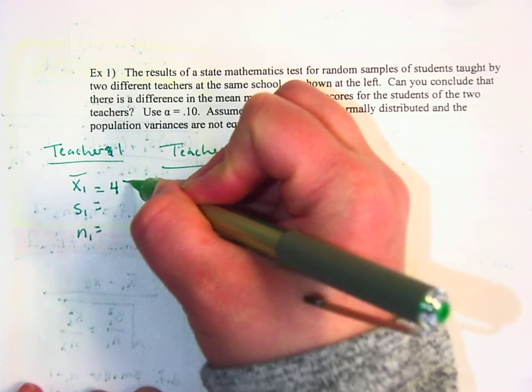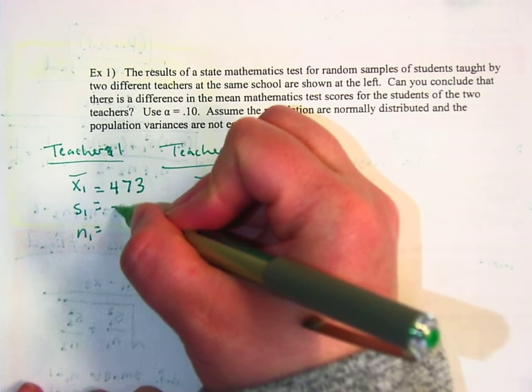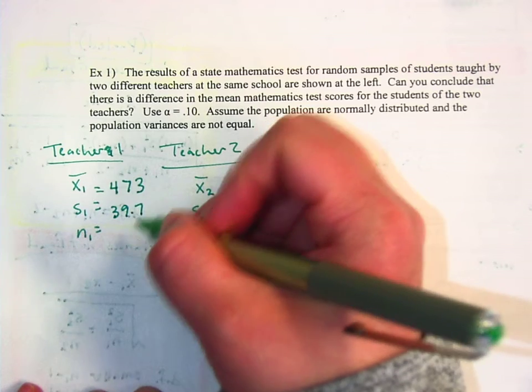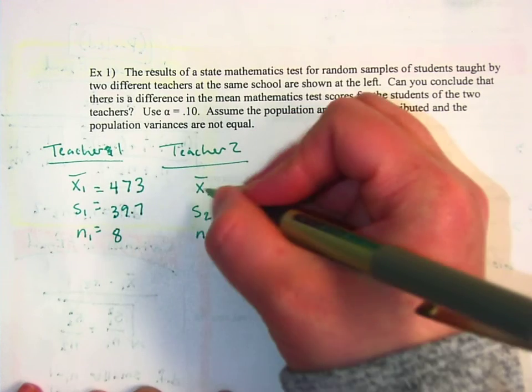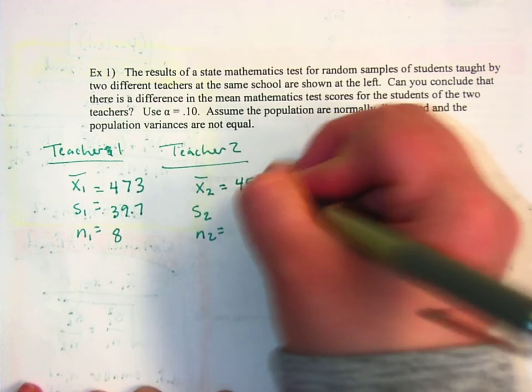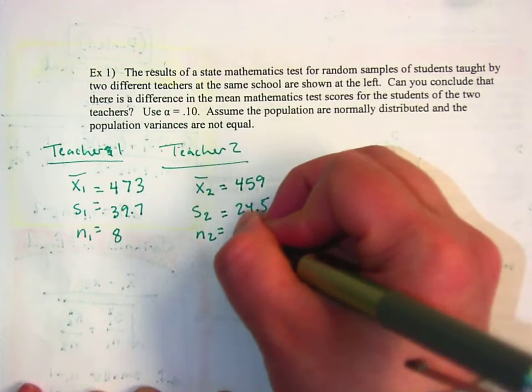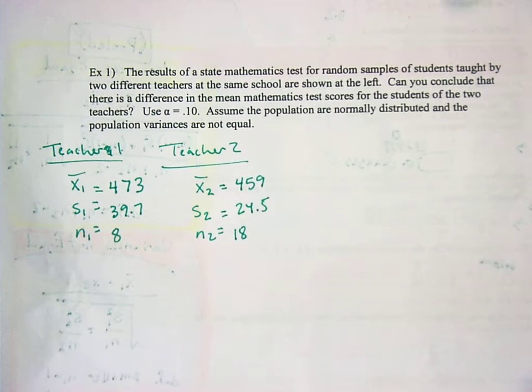Teacher 1 has a mean of 473 with a standard deviation of 39.7 and a sample size of 8. Teacher 2 has a mean of 459 with a standard deviation of 24.5 and N of 18.